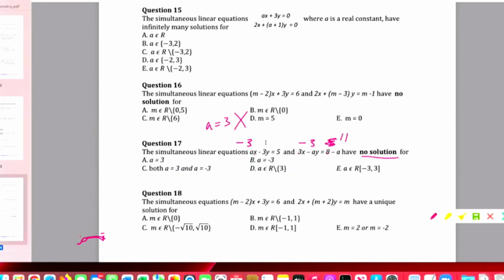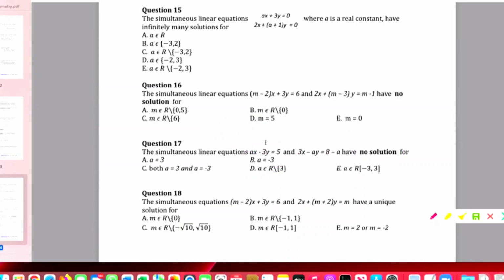Now you can see 5 and 11 are different. That helps you to understand the y-intercepts. So two different y-intercepts, so A is equal to minus 3 gives you no solution. Is that an answer? B. Okay, that's all good.